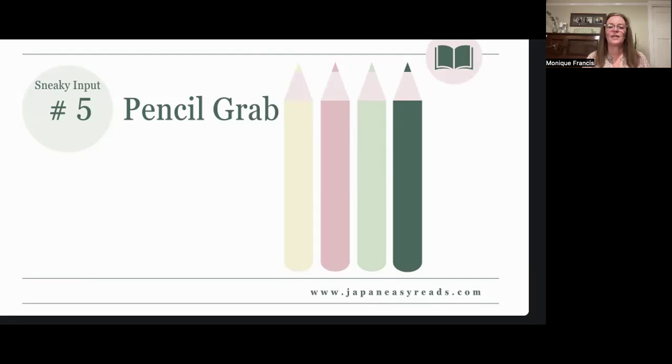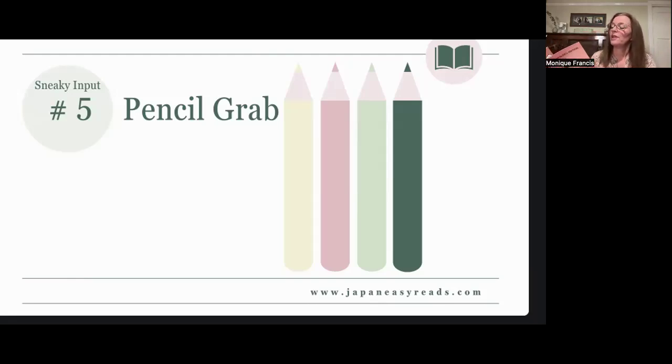I call this in Japanese totte, and so the students are listening, each pair is listening for a statement that you're going to make. So if we're focusing on Burger Man, it would be a statement, true or false, about something that happens in the story.